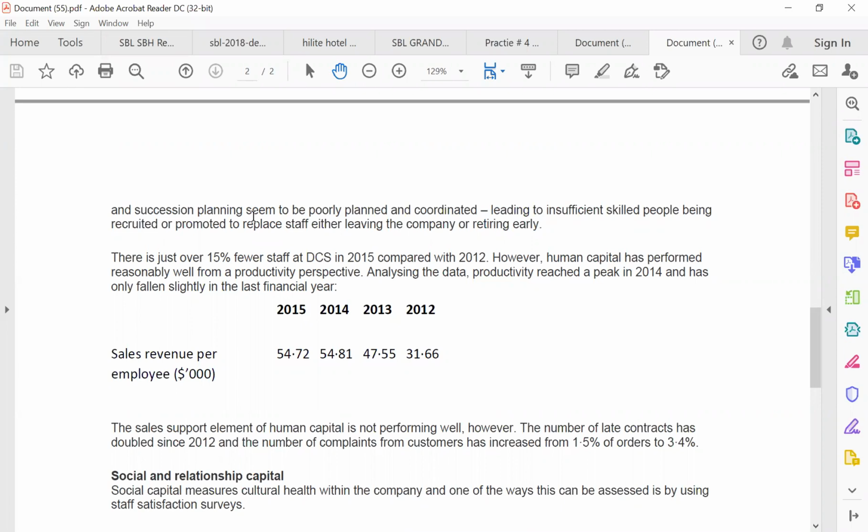However, human capital has performed reasonably well from a productivity perspective. Analyzing the data, productivity reached a peak in 2014 and has only fallen slightly in the last financial year. Sales revenue per employee is from 31.66 to 54.72.